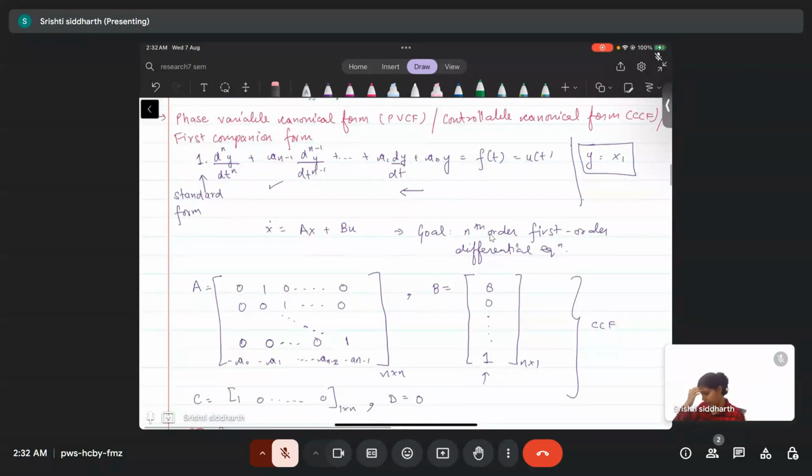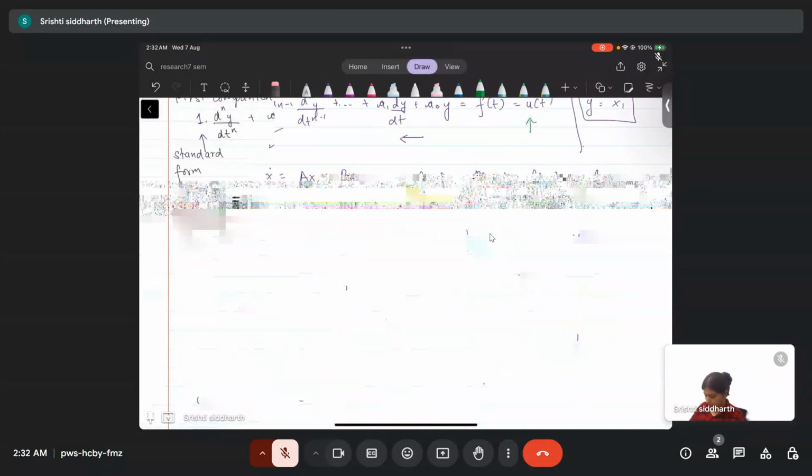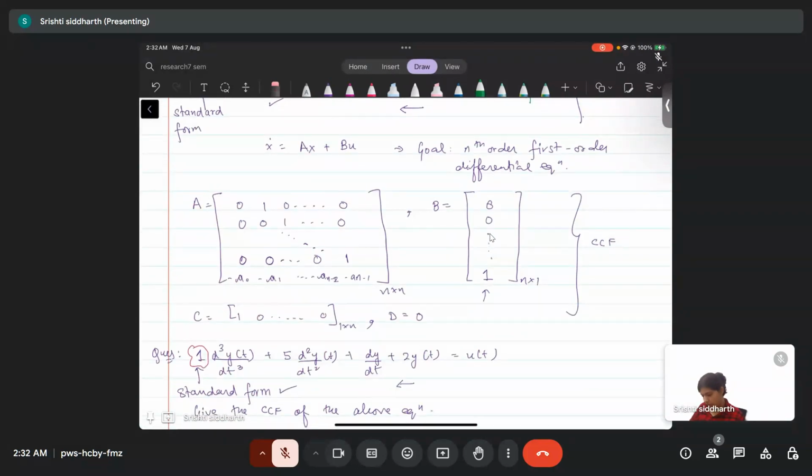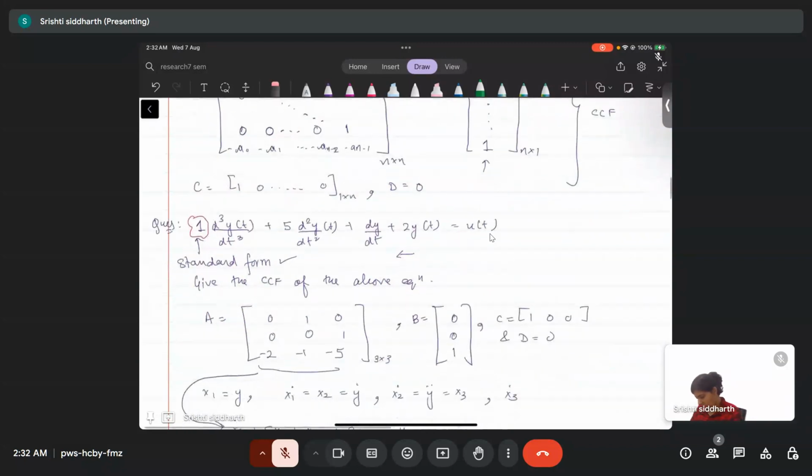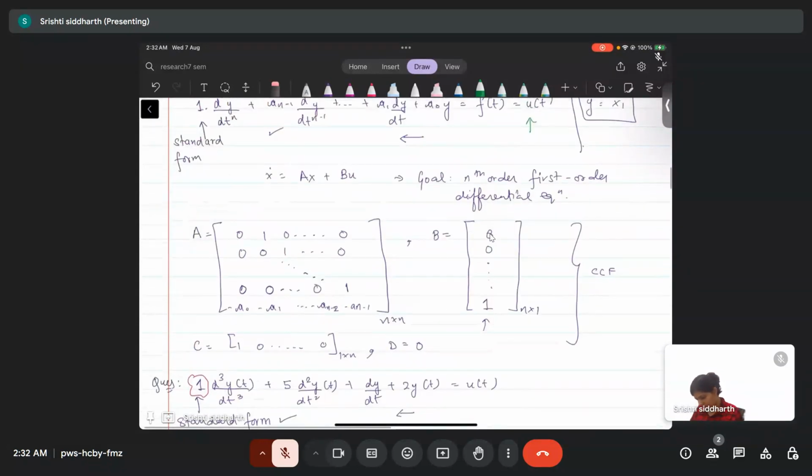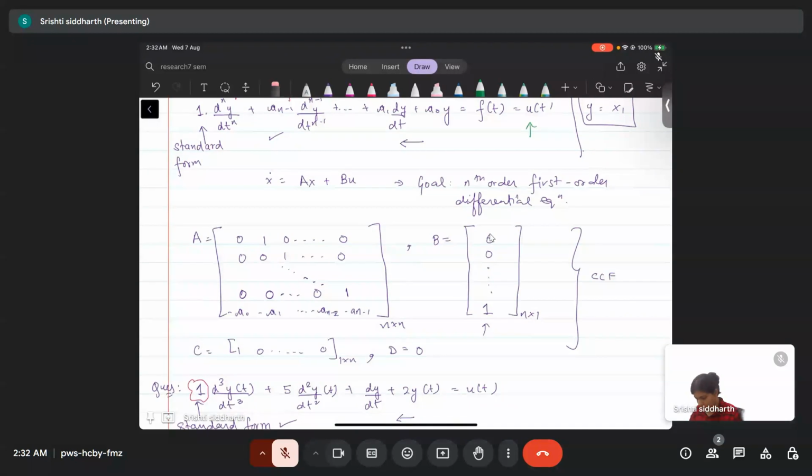We started with the simplest case of the differential equation, in which there were no derivatives of the input. So in this case, we called what the ABCD matrices were, and then we did a question. So the main point is that the coefficients of the last row of the A matrix start from the right hand side of the differential equation y, and it's the negative of the coefficient.